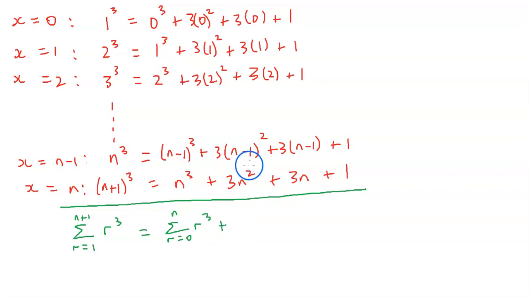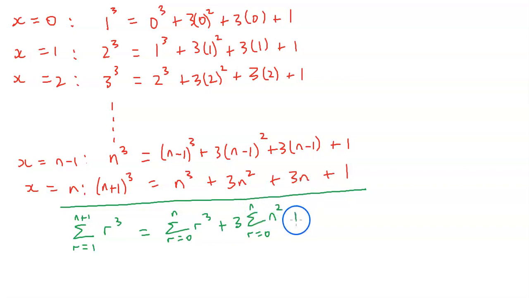Plus, and then all of these 0 squared, 1 squared, 2 squared, all the way up to n squared, all of these ones have been multiplied by 3. And so in total we're going to have 3 times the sum from r equals 0 to n of n squared.